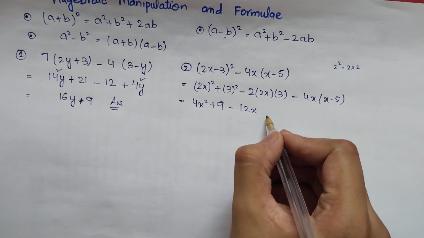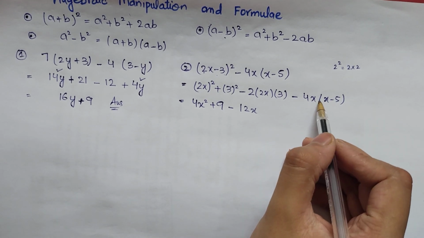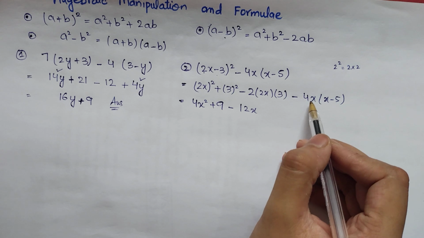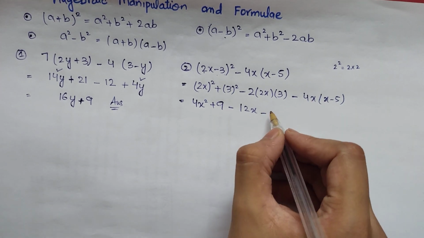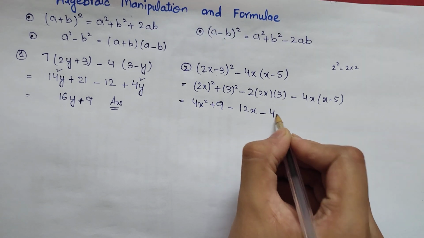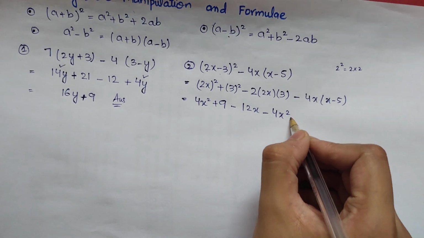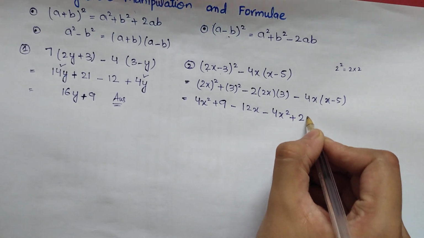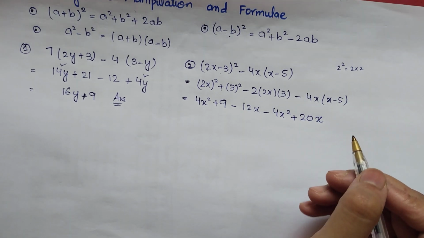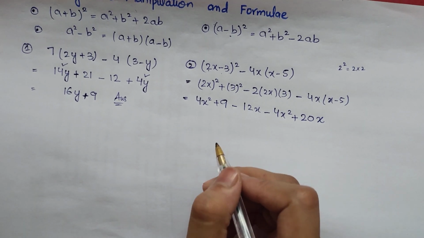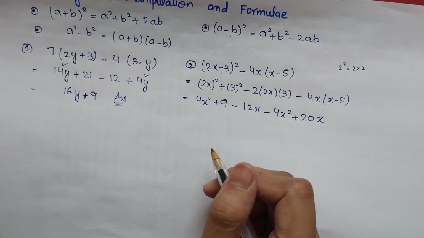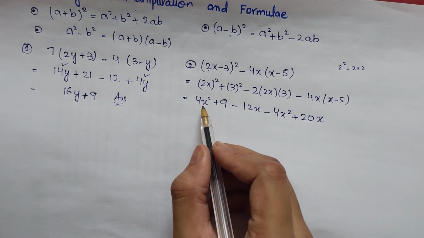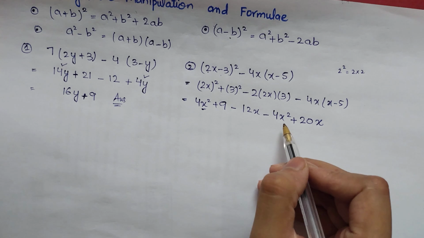Next, multiply this term by this, because the term outside the bracket is multiplied by the whole bracket. So multiply 4x by x, it is minus 4x square, and minus minus plus, 5 4s are 20x. Now we do simplification with the same variables, like this 4x square and this 4x square.